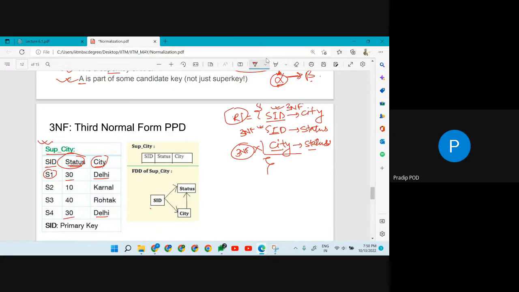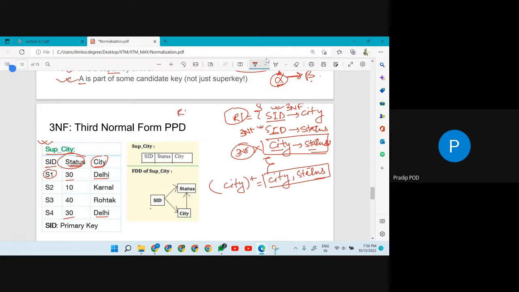This one violates it, so you have to find the closure set of that, which is city and status. For that, you have to create separate tables.